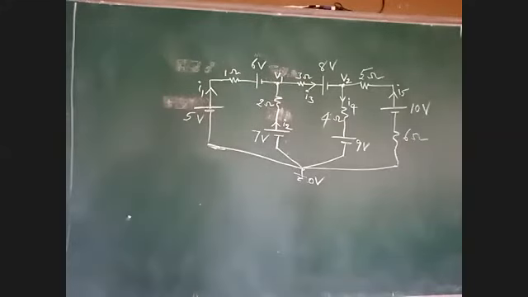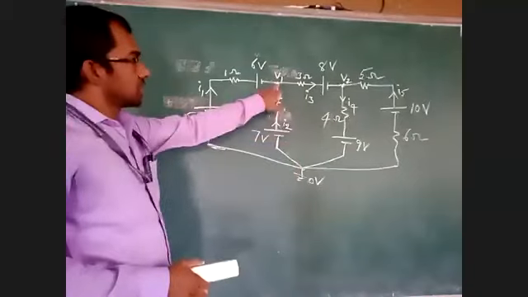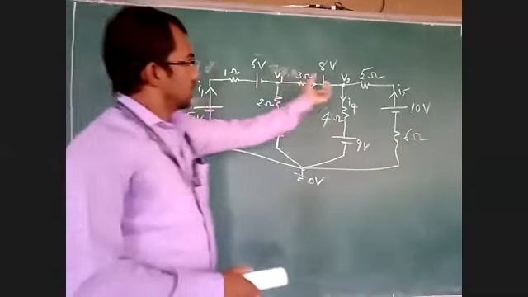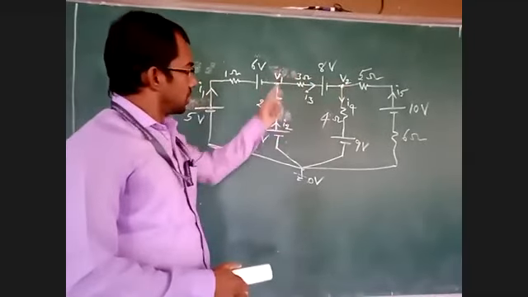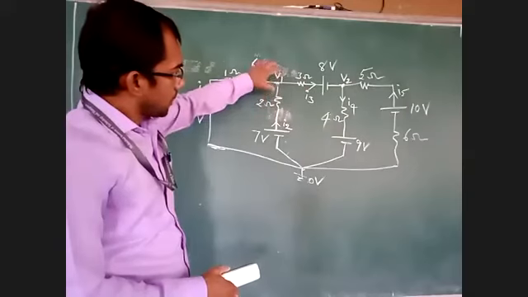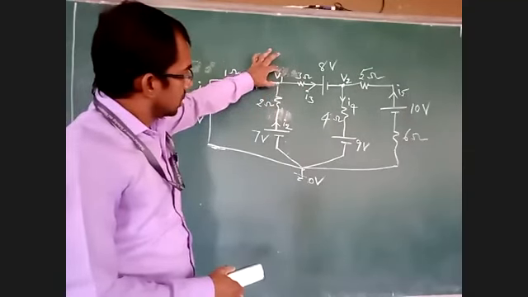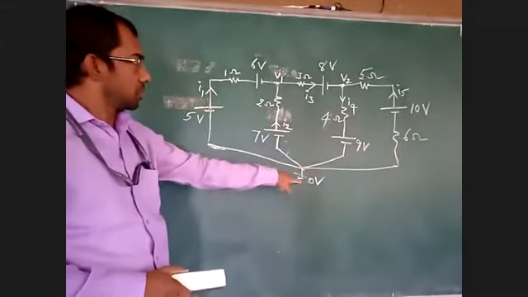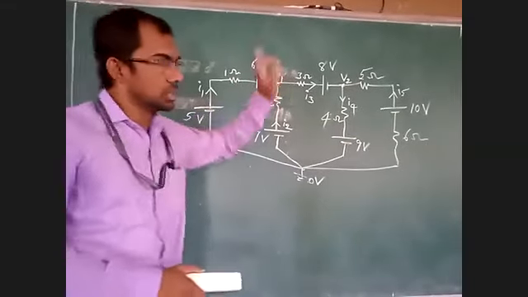I'm asking, you have taken the node point on the top side, no? So what if we take that on the bottom side? Is there any change in the direction? No. If you take this one as V1, and this one as 0, see here, this is not the common node, because this node can be connected here, this node and this node. But if you take this as 0 volts, the problem is that 1, 2, 3, 4 branches are connected to this point, but here how many branches are connected? 1, 2, 3.